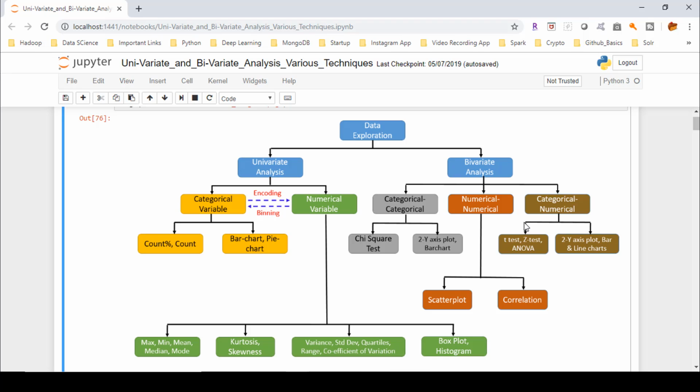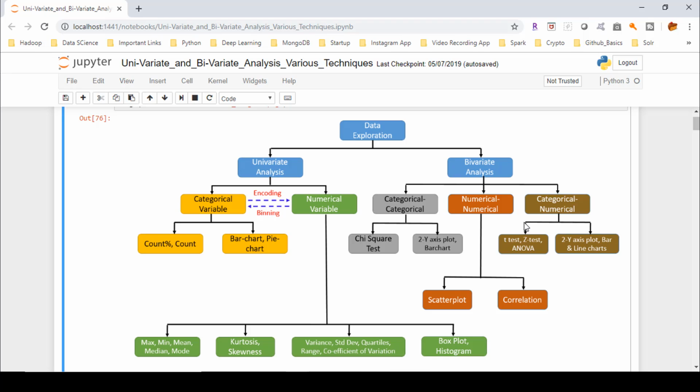It displays information as a series of data points called markers connected by straight line segments. In bivariate analysis, through a line chart or line plot, we try to find the average of numerical variables for each category of the categorical variable in order to find the relationship among them.